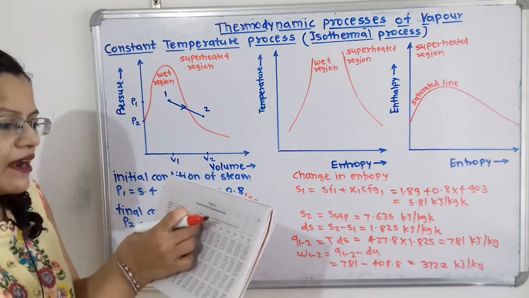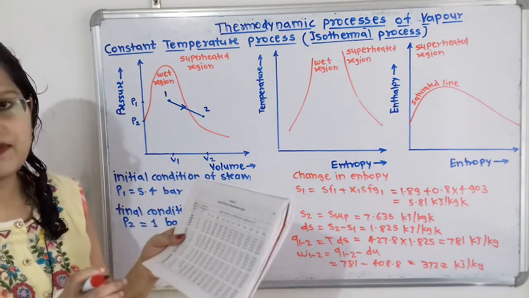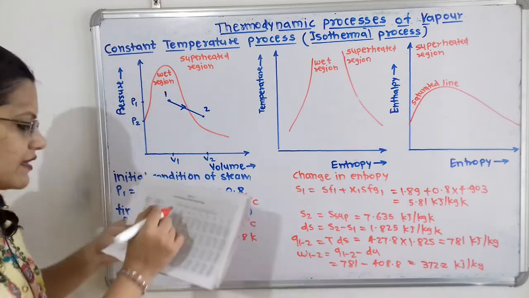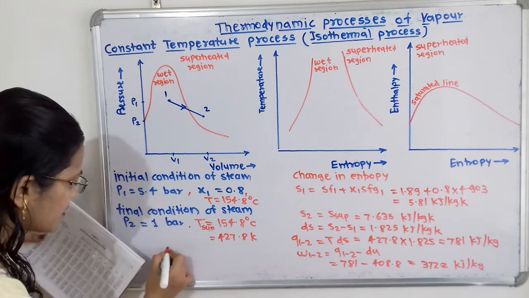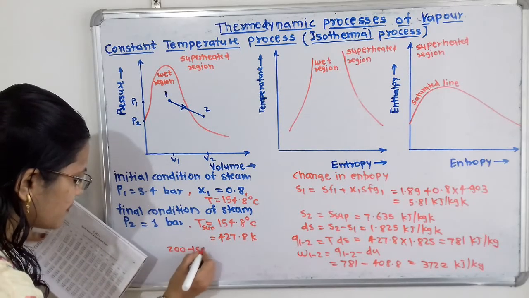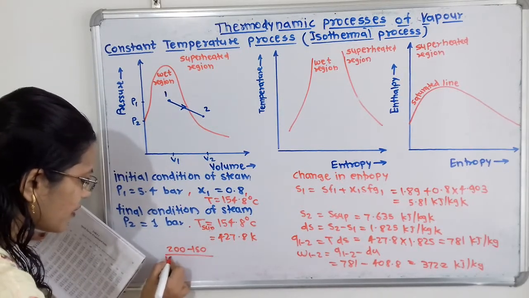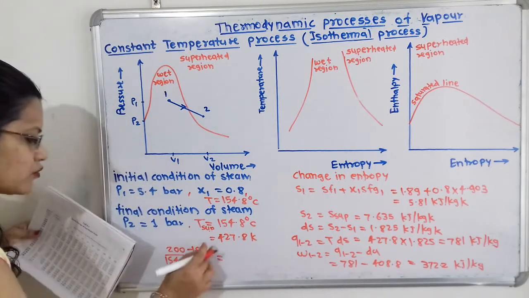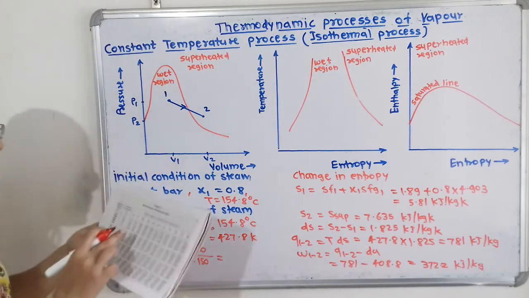Now we have to find out what is the entropy at 154.8. Available temperatures are 200 and 150, and in between them there is the value of 154.8. So how to write? I will write 200 minus 150 divided by 154.8 minus 150, which is equal to, now we have to take the respective entropies.